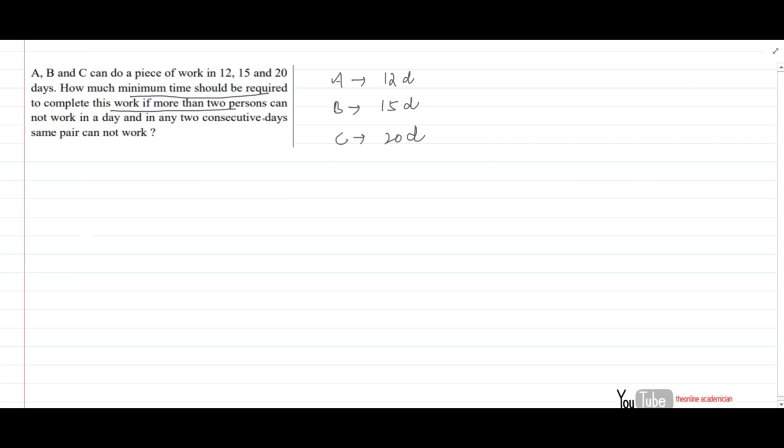Not more than two persons can work in a day, it means either A plus B will do the work, or B plus C, or C plus A. That means only two persons will work in a day.